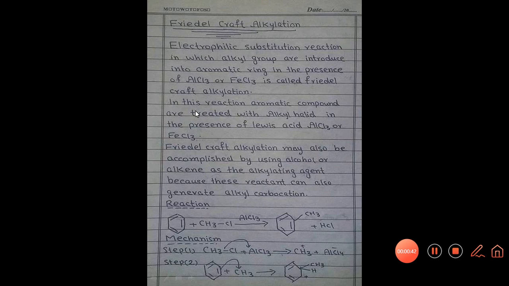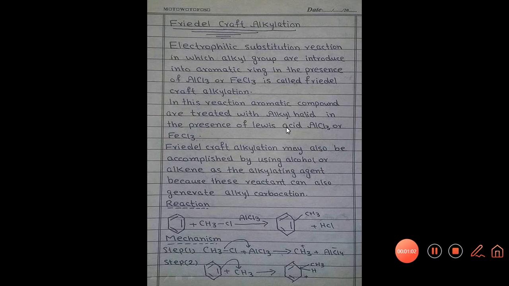In the reaction, the benzene ring or an aromatic compound is treated with an alkyl halide. An alkyl halide is a hydrocarbon in which one hydrogen has been replaced by a halogen. A halogen is any of the group 7 elements, being chlorine, fluorine, bromine, or iodine.